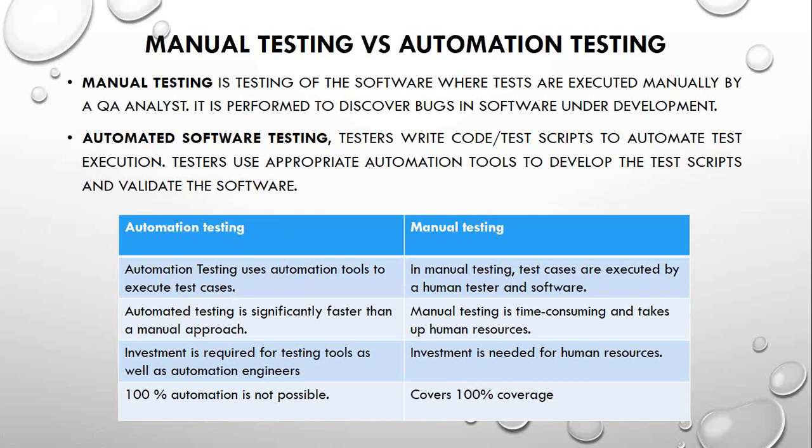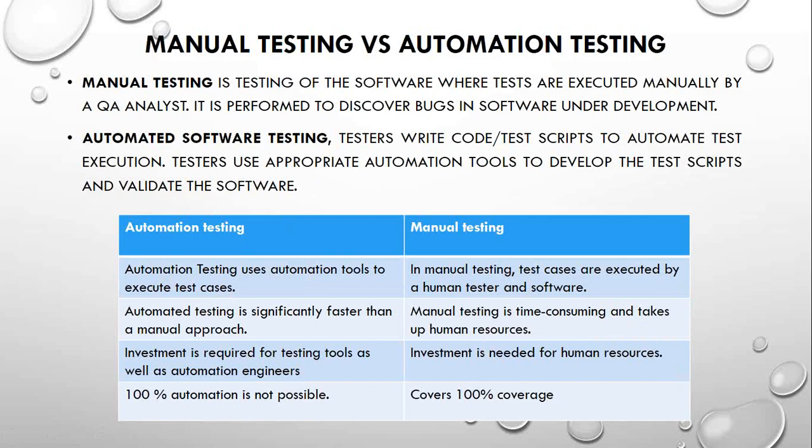See here, manual testing is time consuming and takes a lot of human resources, so we have to minimize that. The second thing is that testing is a never-ending process, right? Initially, to develop software, there will be a huge team, with maybe more than 100 or 200 developers.